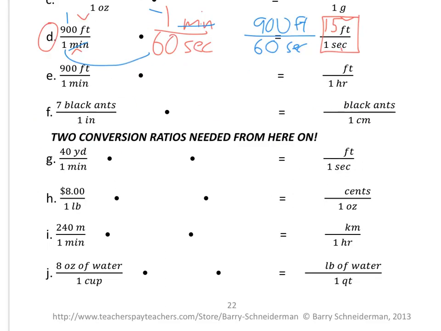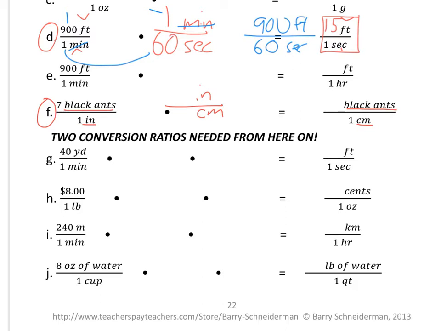The last one of the single conversions is F. Once again, I don't have to worry about black ants because it's the same on the top on each side. I do need to convert the inches into centimeters, and I'm going to need inches on the top of my conversion ratio and centimeters on the bottom so that I can cross out my inches later.